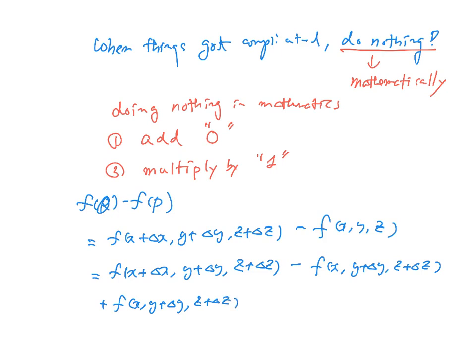So this part is the same as this, right? So f(x plus delta x, y plus delta y, z plus delta z) is the same as this original function, and then I subtract f(x, y plus delta y, z plus delta z), plus the same thing. So it's basically 0, right?